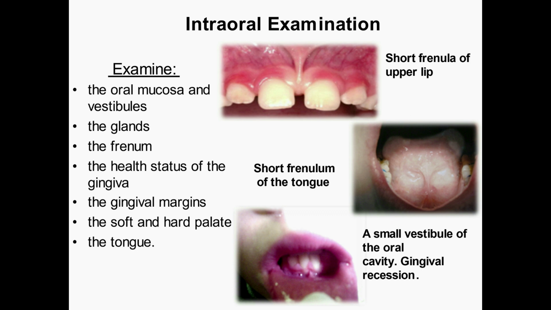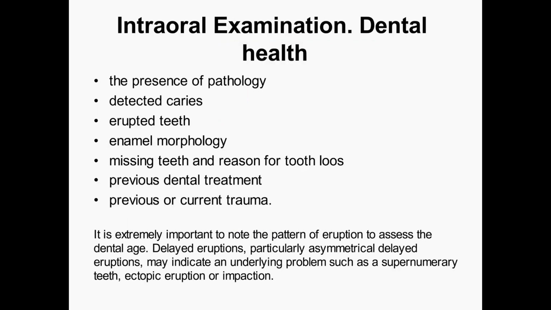Using a good source of light, dental mirror and probe, examine the oral mucosa and vestibules, the glands, the frenum, the health status of the gingiva, the gingival margins, the soft and hard palate, the tongue. Teeth must be charted carefully and all findings must be recorded thoroughly.